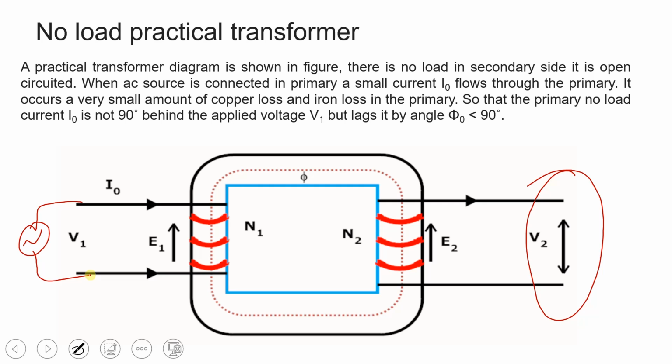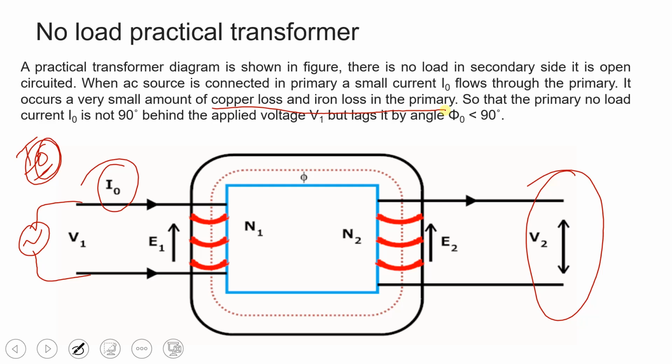It is open circuited. When the AC source is connected on the primary side as shown here, a small current I naught flows through the primary. I naught represents no load on the transformer. It causes a very small amount of copper losses and iron losses. Because of this small current, copper losses and iron losses on the primary side are very small.